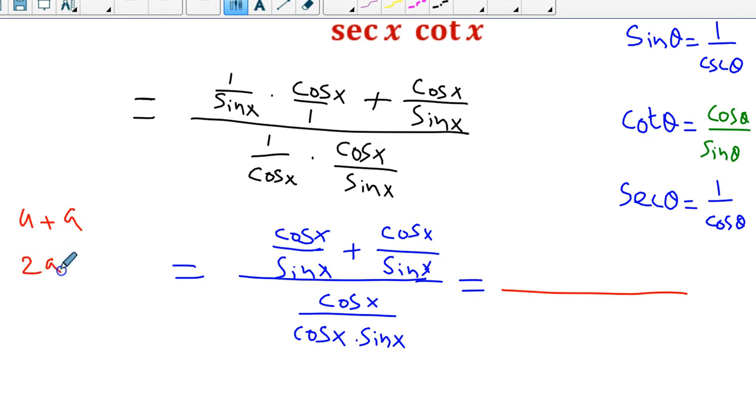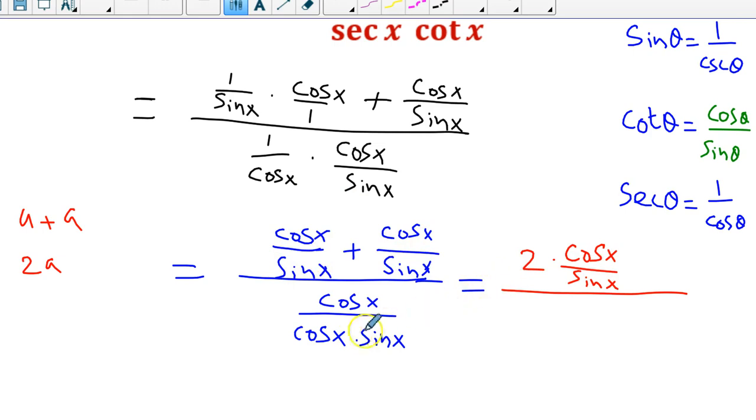I'll just write it as 2a. So whatever you have, if it is repeated, just write it twice. That is 2 times cosine x over sine x, right? So this became 2 times cosine x over sine x.